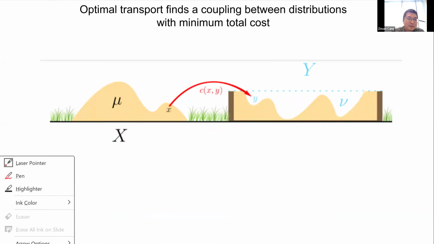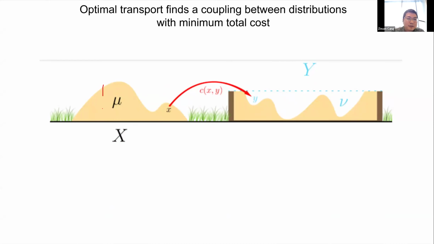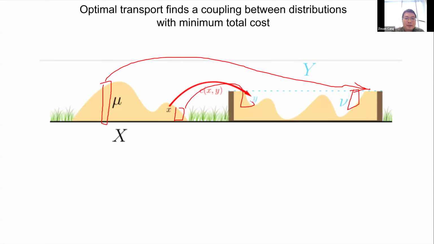We can transport, for example, this bunch of sand to this location, and this bunch of sand to this location. And each transportation is attached with a cost. In this particular case, we can assign the cost to be just the distance in this one-dimensional axis, denoted by the cost function c(x,y) between every pair of locations.